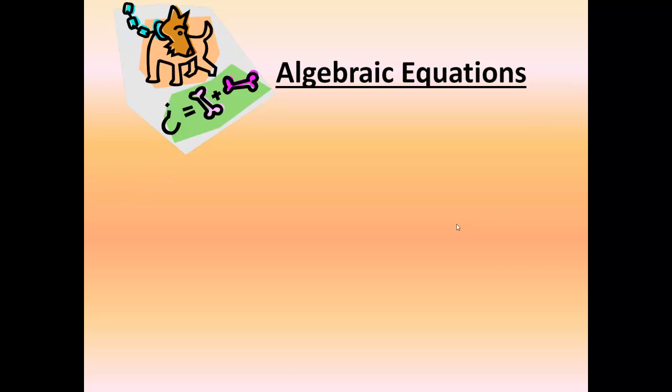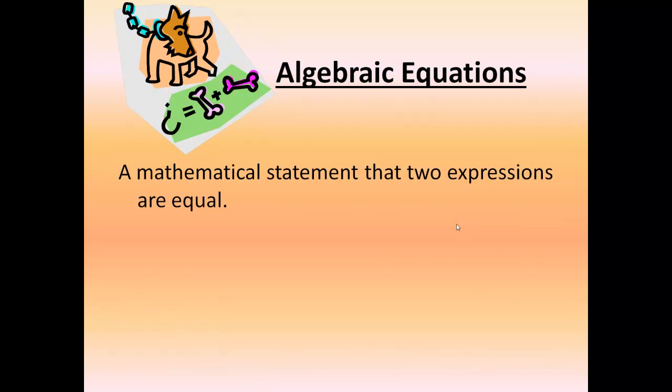An algebraic equation is a mathematical statement that two expressions are equal. So in an equation, we will always have two expressions joined by an equal sign. Notice how the word equal is included in the word equation, because an equation always has an equal sign.